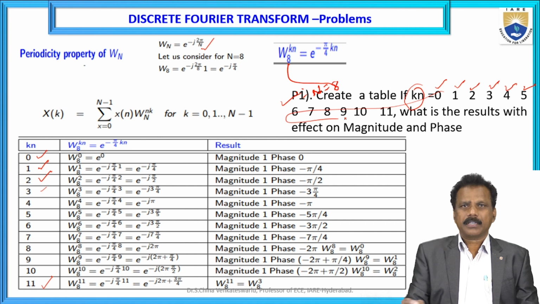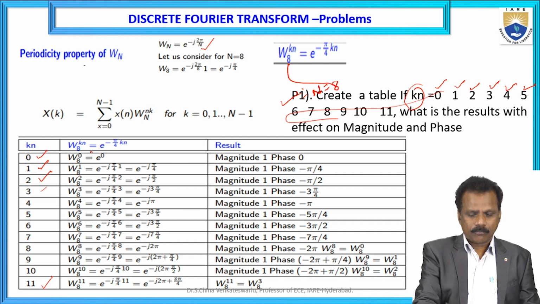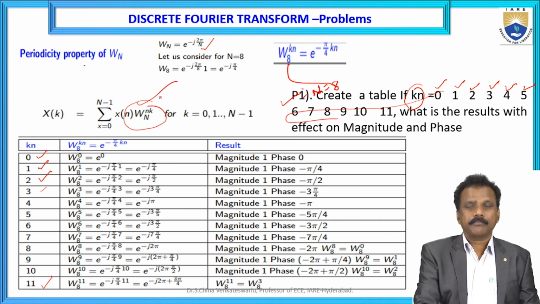According to the twiddle factor W_N^(nk), N is given here, capital N is 8. That's why W_8^(kn) is equal to e^(−jπ/4 · kn), because we know e^(−j2π/N), where N is 8.